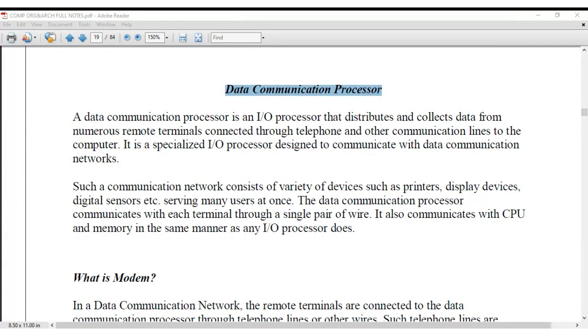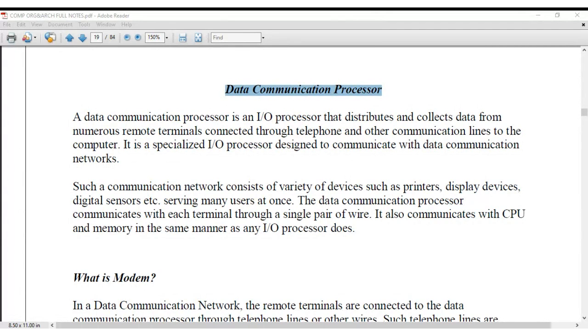So for environments where different devices have to be interconnected and synchronized to work as one without overwhelming the CPU of the main computer, we use a data communication processor. The difference between a data communication processor and an input-output processor is that data communication processors are used especially for distributed environments.